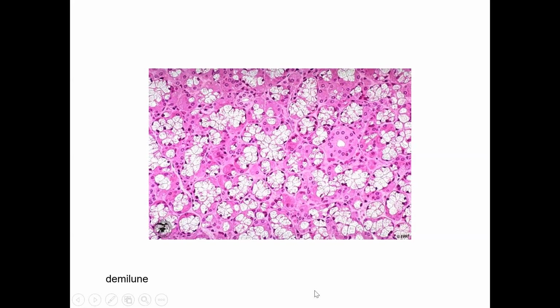Let me see if I have an animation. Annotate pen right here. So if I show you right here, this is a typical duct cross section. So you can see cells with a nucleus in there. So that's the duct structure.